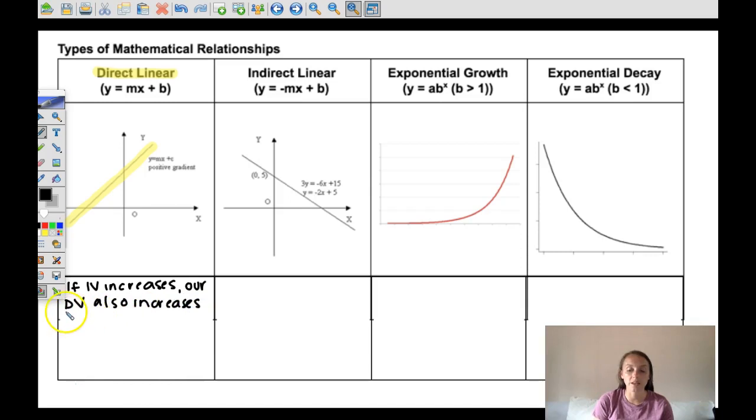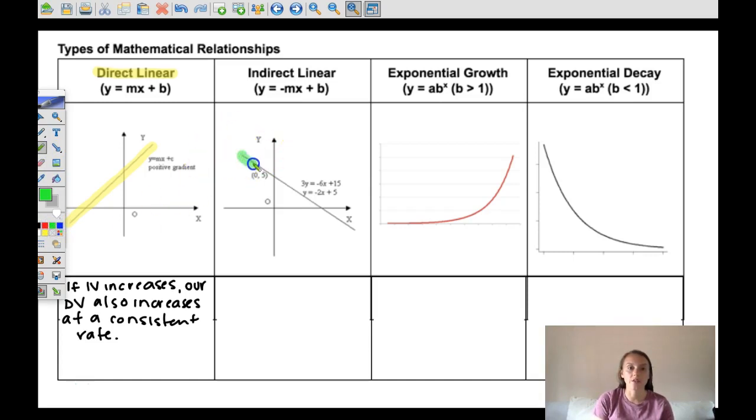But because it's linear, it's increasing at a consistent rate. Note that I didn't say the word constant. In science, nothing ever increases or decreases at a constant rate. It will do so at a consistent rate, because generally our trend lines are a best fit and not connecting the dots.